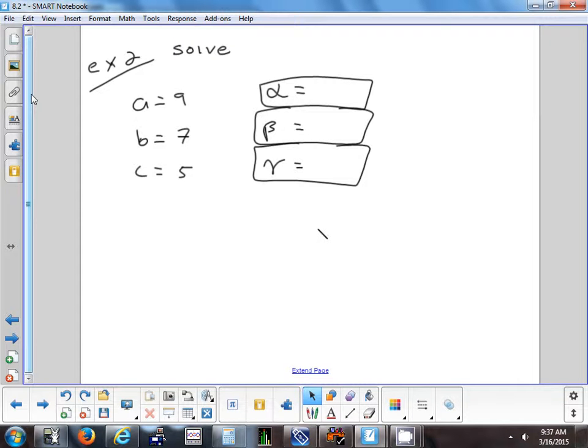Okay, so this is an example of side, side, side. And side, side, side, I don't really think you need a diagram to tell. It's pretty obvious. You have all the sides. If you're given all the sides, which angle do you have to find first?